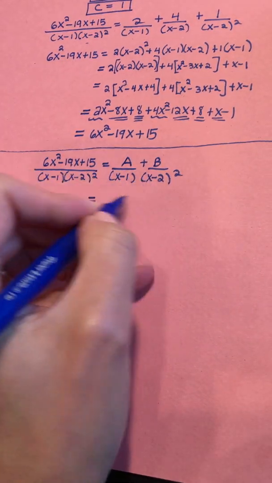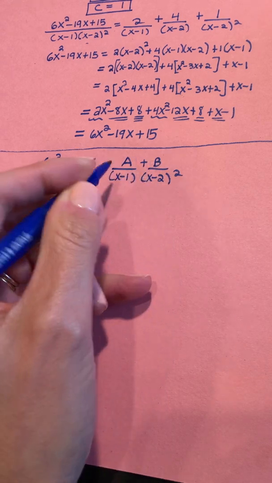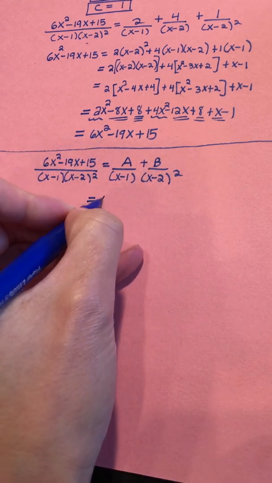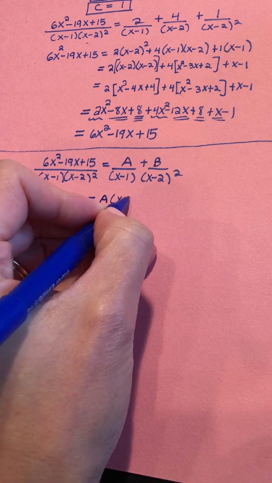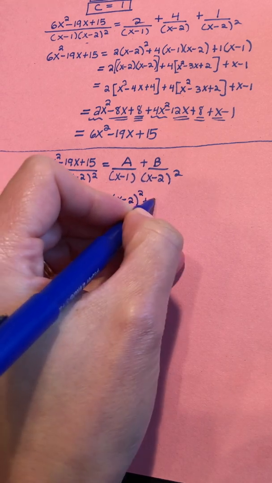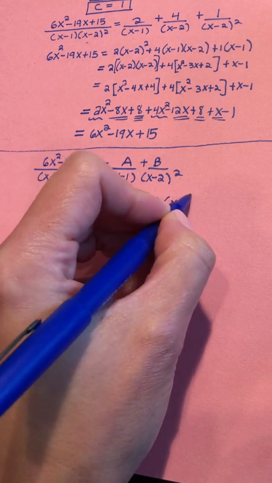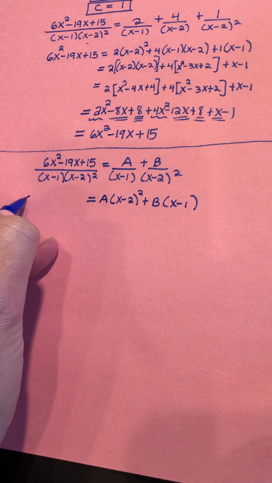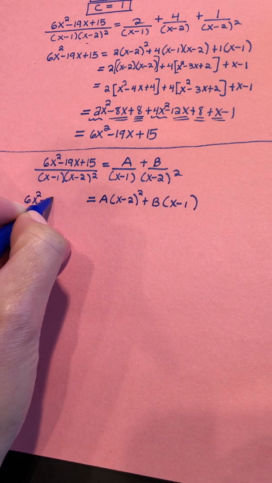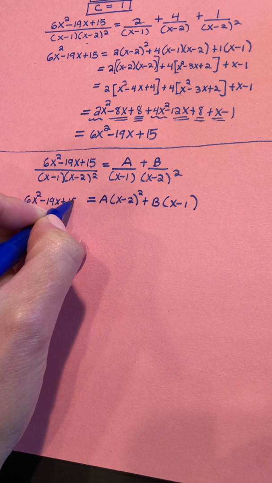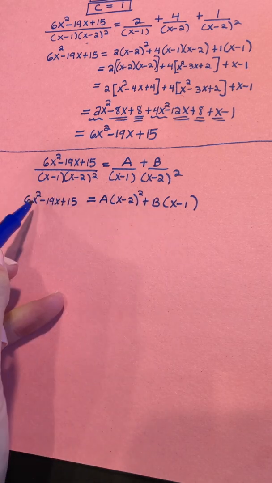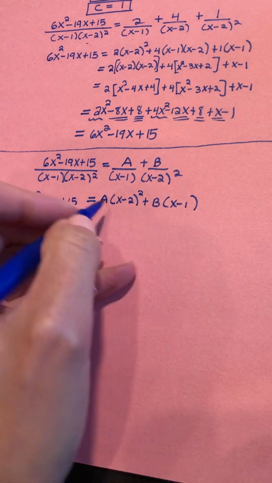I'm going to add the fractions together and solve for A and B just like we normally would. So this would be A times the quantity x minus 2 squared plus B times the quantity x minus 1, equal to 6x squared minus 19x plus 15. At this point, I'm not going to deal with the denominators because they would be the same.